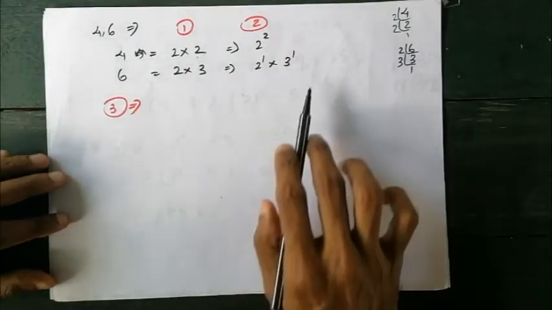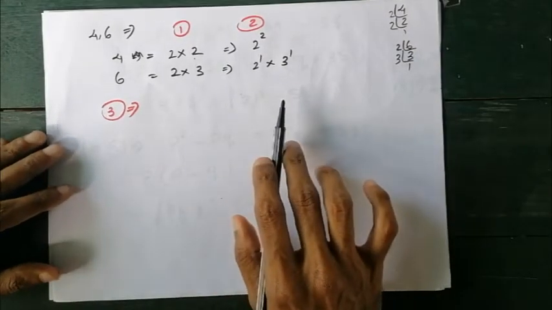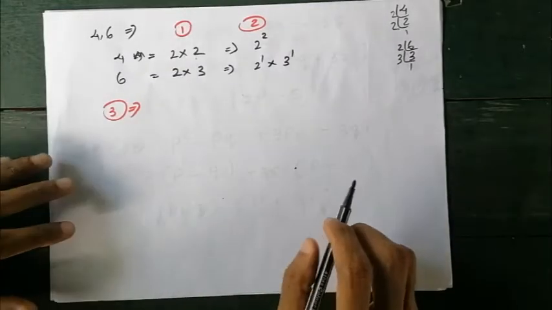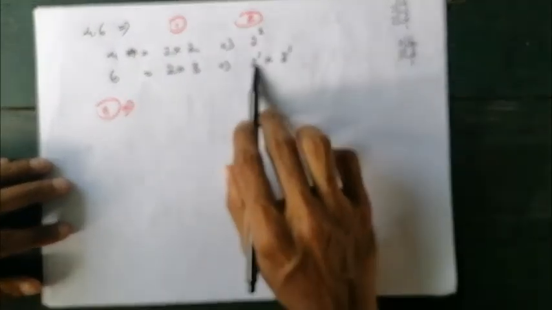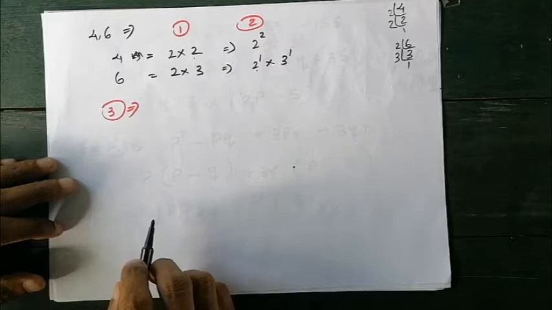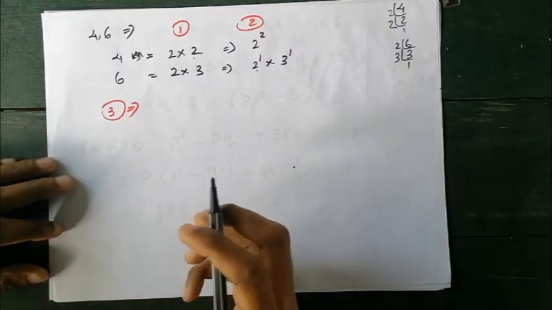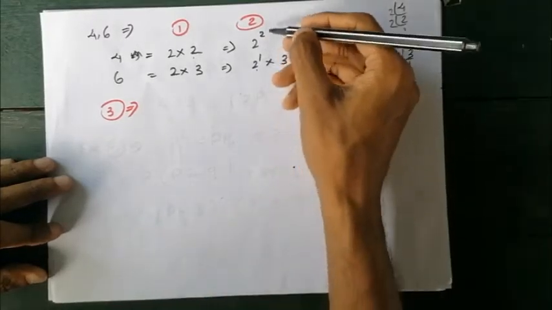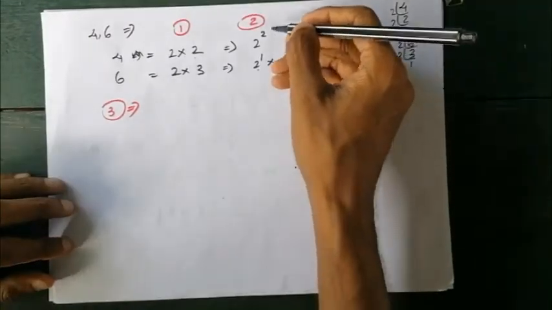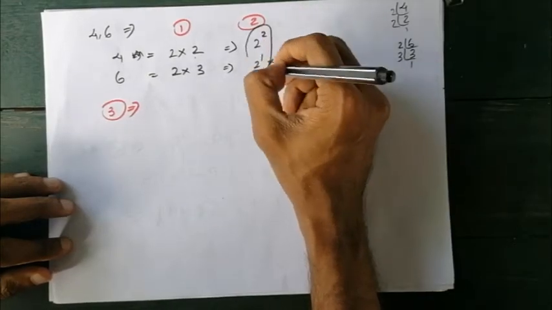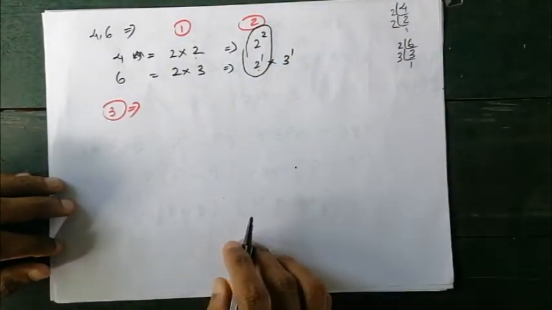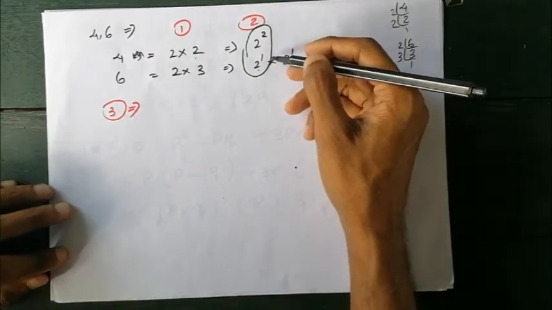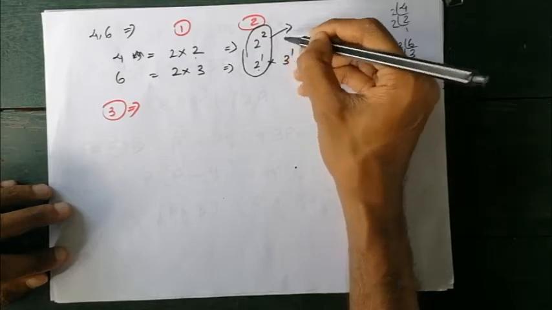Okay, from the powers we are going to check common values. So we have 2 squared here, we have 2 and 3 there. So we are going to check the common factors. For both we have 2 as a common factor. From the common factor we are taking the greatest power.